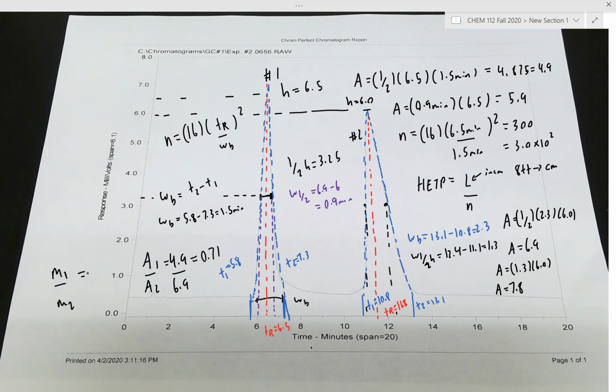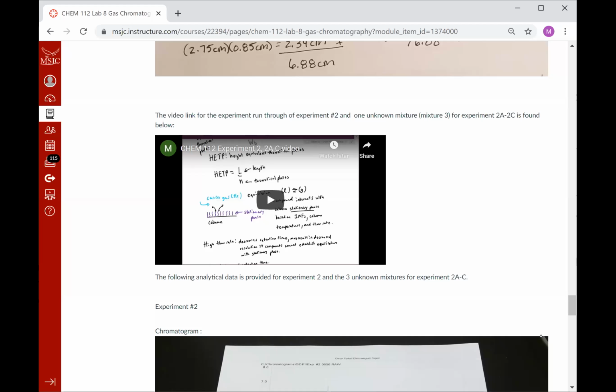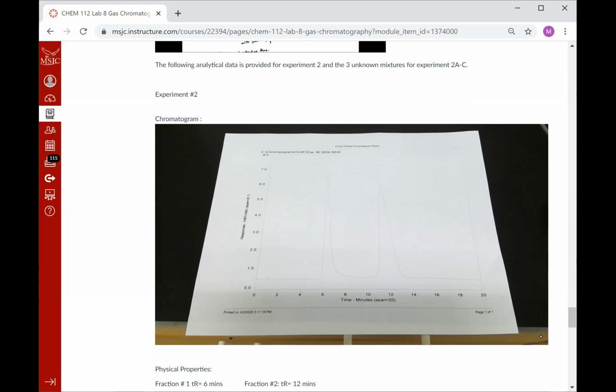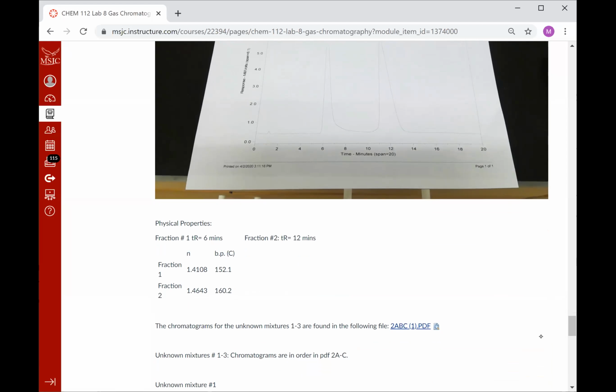So, just as a summary, you're going to watch the video and collect data from the video. I've provided you the chromatograms corresponding to each experiment in the video. You're going to analyze and figure out the retention times.